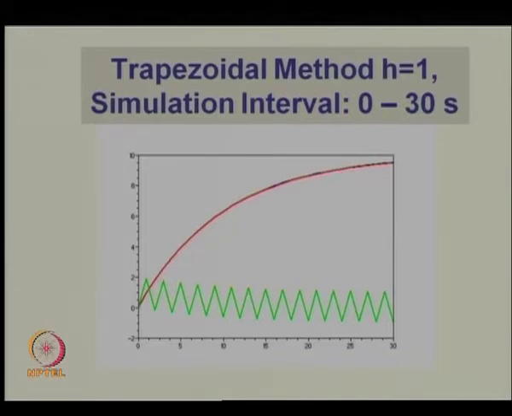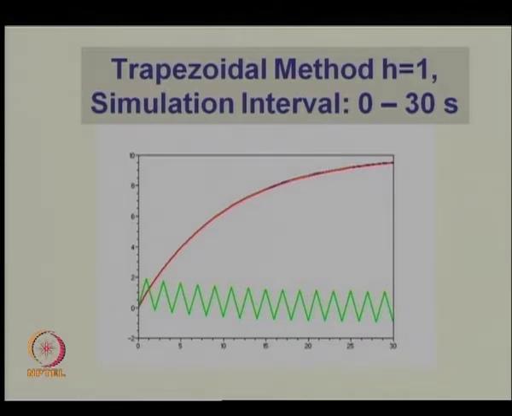However, if I use trapezoidal method with h is equal to 1, although the response is not destabilized, you are getting a highly inaccurate response as far as VC is concerned. Okay. So, trapezoidal rule is not very good. You can't use it with very large time steps or time steps corresponding to the slow response if your system is very stiff, like the one which we are encountering here.